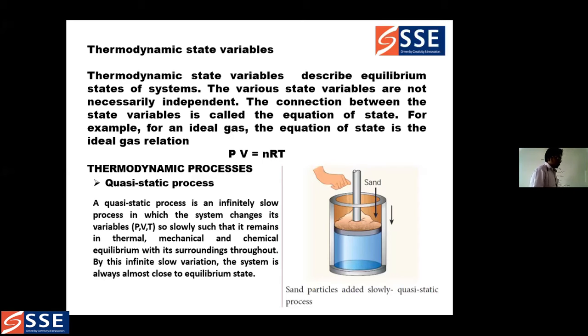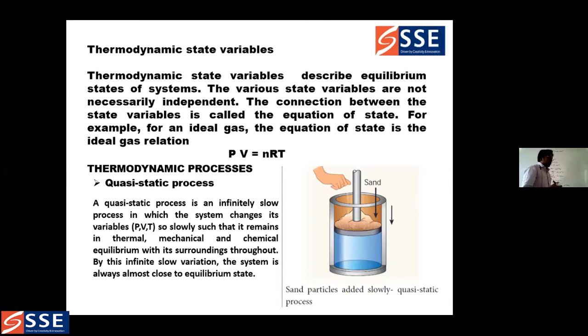Throughout this infinitely slow variation, as we can see here with a piston, we are slowly increasing the weight upon the piston by putting some sand. If you put some sand like this, it will slowly increase the weight and the pressure, volume also change, and the temperature also varies, but it will have a lot of time to share the temperature with the surrounding.